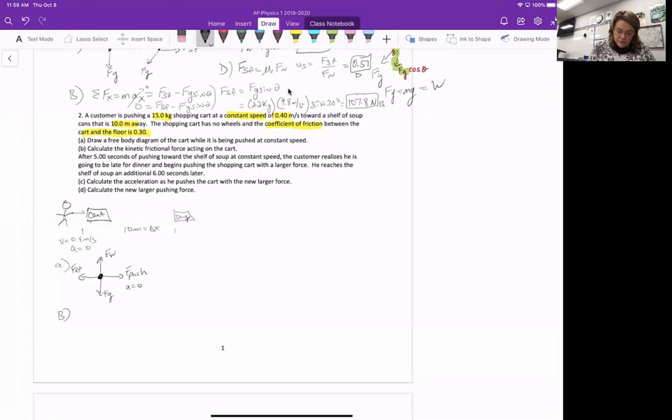Calculate the kinetic friction force acting on the cart. Well, I know that the sum of forces in the X direction is equal to mass times the acceleration in the X direction. I know that that is 0. That is equal to the force of the push minus the force of kinetic friction.